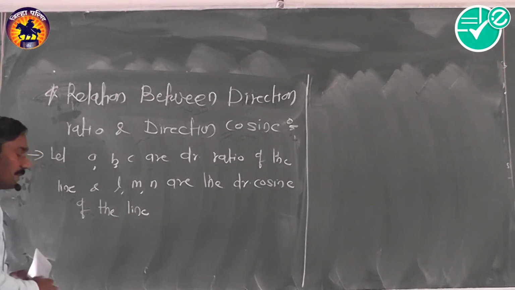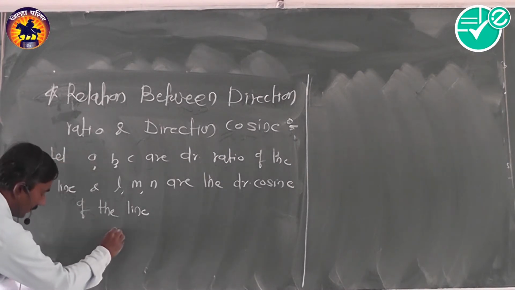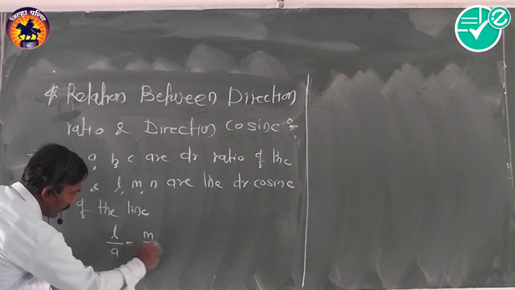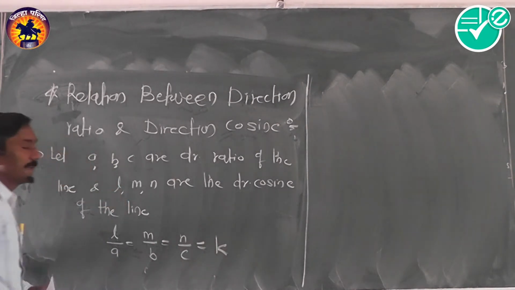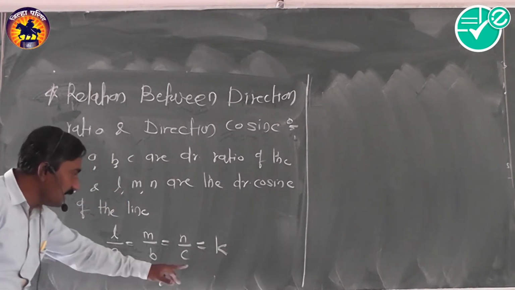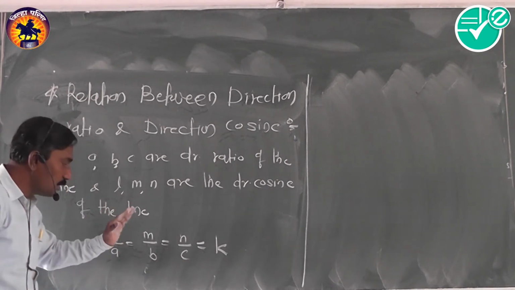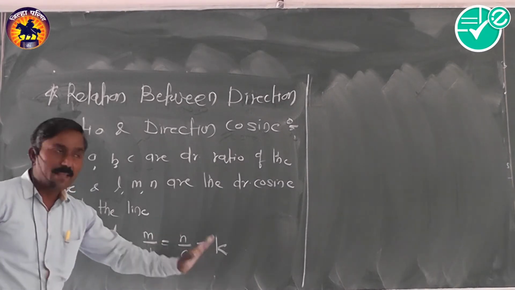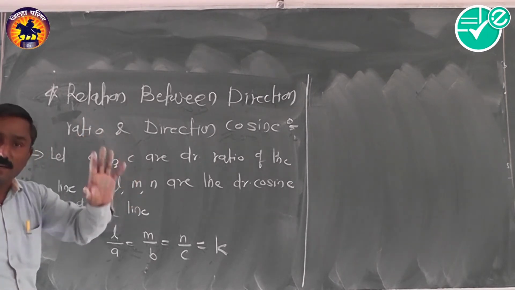If l divided by a is equal to m divided by b is equal to n divided by c is equal to k, then a, b, c are called the direction ratios of that line.